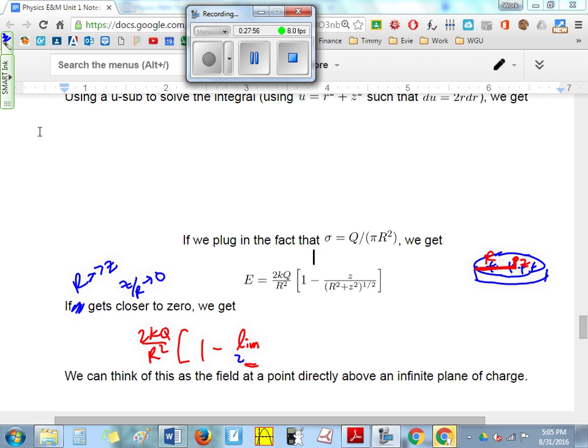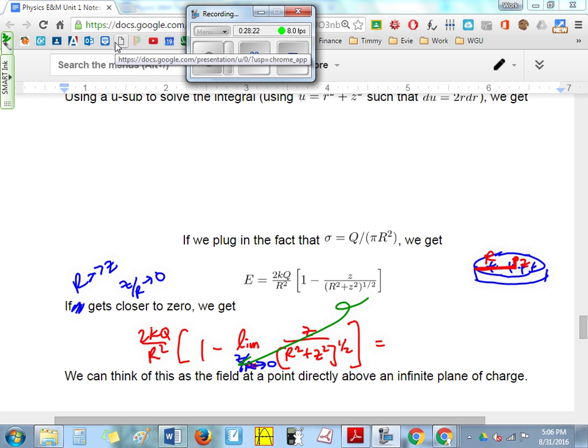If z over R is just a teensy-weensy fraction, meaning R is much bigger than z, you can apply that idea and play around with this limit a bit. You divide top and bottom by R squared, and you end up losing this second term altogether. This whole part goes to 0, and you just end up with 2kq over R squared.